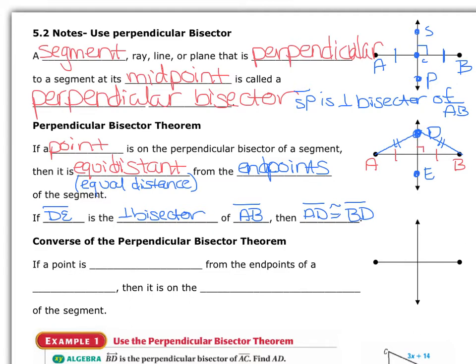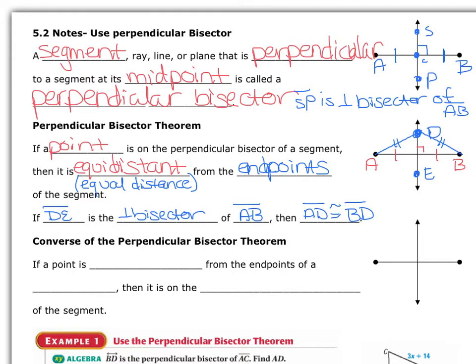The converse of that is the perpendicular bisector theorem. Remember, when we say converse, we're basically taking this first statement and switching the order of it. Think of the suffix there as converse and reverse.